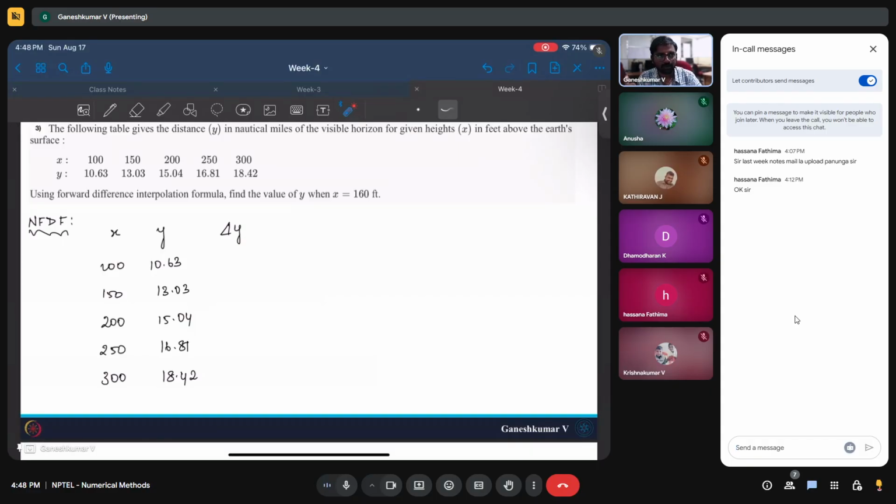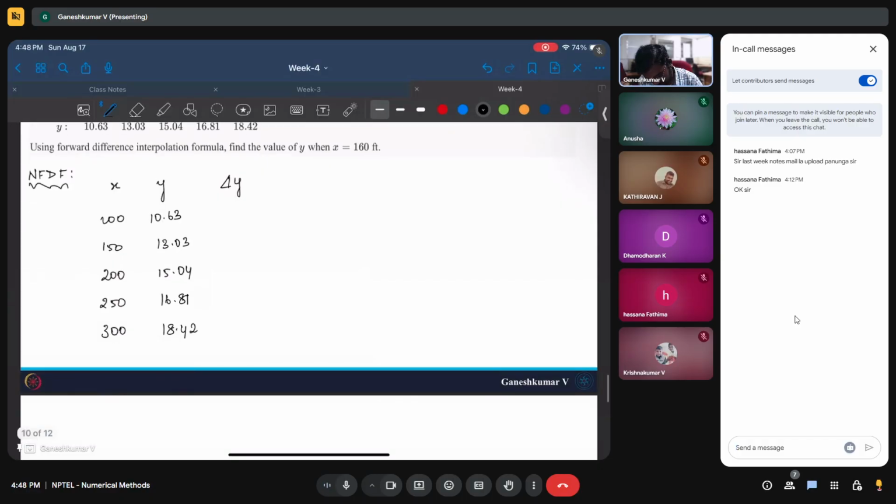That is why it's called forward. You look for the next value. So in this case, 13.03 minus 10.63 is what you have to put here. So let me quickly write that down. 13.03 minus 10.63. You can parallelly do it yourself and let me know if I'm doing it right.